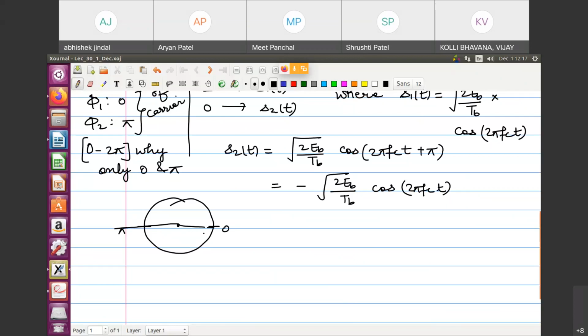Because any other point, let us say if I take this, it will take this. If I take this, this is this. So you will find that the farthest possible point is this. That is pi. If I choose, let us say, pi by 2, then I will choose the next point as 3 pi by 2. Okay, so I have to choose 2 points which are opposite to each other.